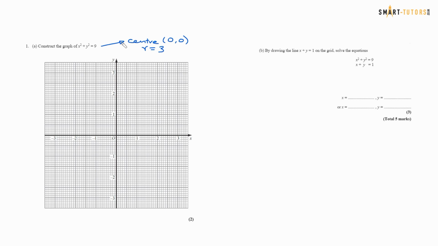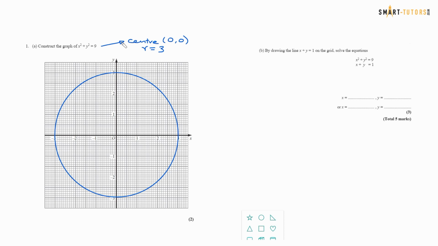So we need to draw a graph with radius 3 and the center of the circle at (0, 0), going through 3 on each axis. So that is the first part of the question.